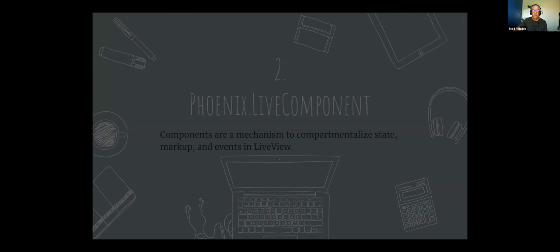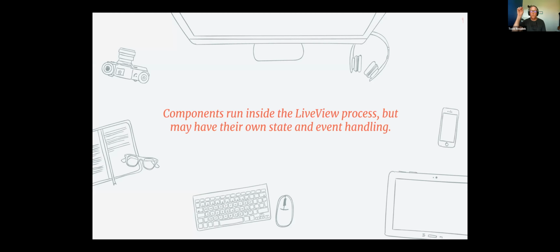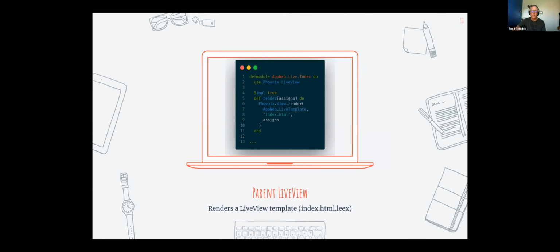Components run inside a LiveView process, but they can have their own state and event handling, like I said. To give you an idea of what this looks like, a LiveView component cannot exist outside of a parent LiveView. There always has to be a parent of a component that is a LiveView somewhere in the chain.